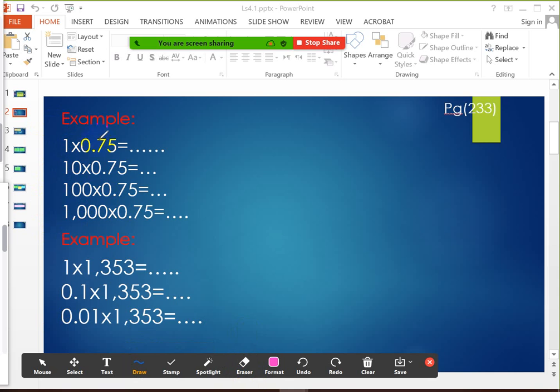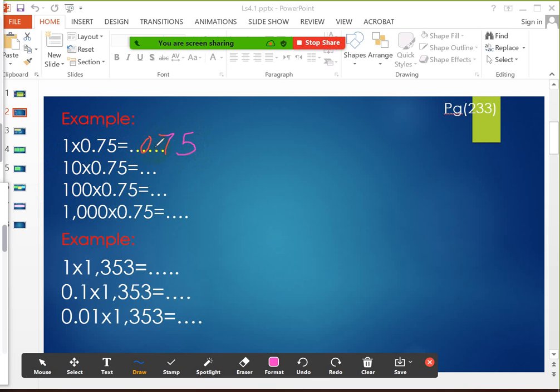And I want to find the answer for the multiplication between this pattern and the decimal number, which is here 0.75 hundredths. So let's start. 1 multiplied by any number equals the same number. That means 1 multiplied by 0.75 equals 0.75 hundredths.